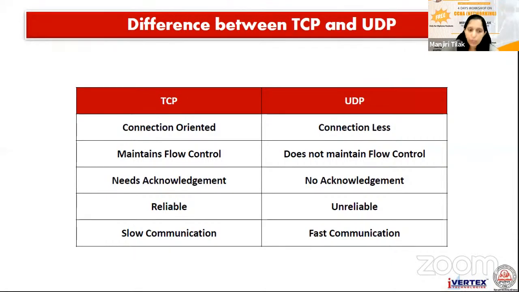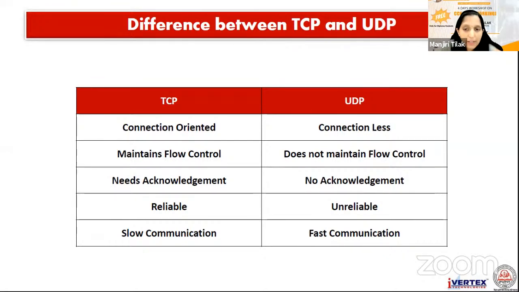But actually, it is the work of the session layer to maintain reliability. But TCP has taken this extra overhead. So if the communication is TCP, the session layer does not have any work, because TCP is maintaining it itself. It is waiting for acknowledgement, and then it is sending the next amount of data.